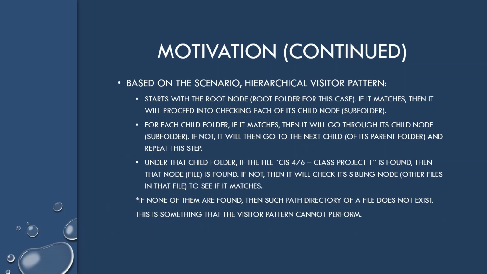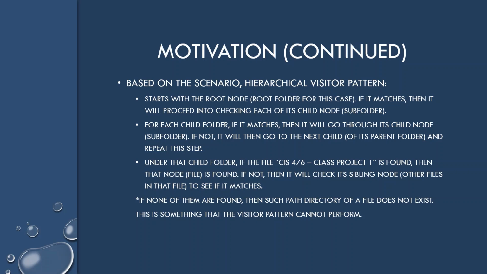So to recap this scenario, it starts with the root node, which is the root folder in this case. If it matches, then it will proceed into checking each of its child nodes, which are subfolders. For each child folder, if it matches, then it will go to its child node, which is its subfolder. If not, it will then go to the next child of its parent folder and repeat the step.